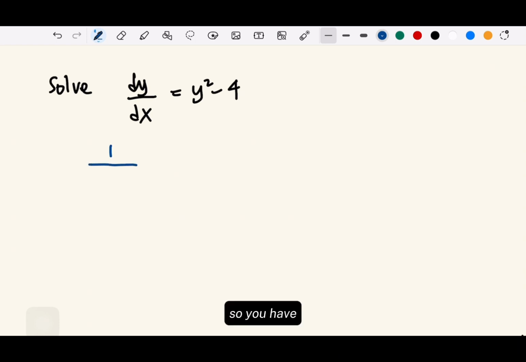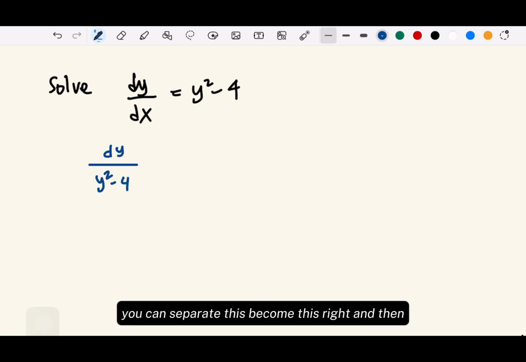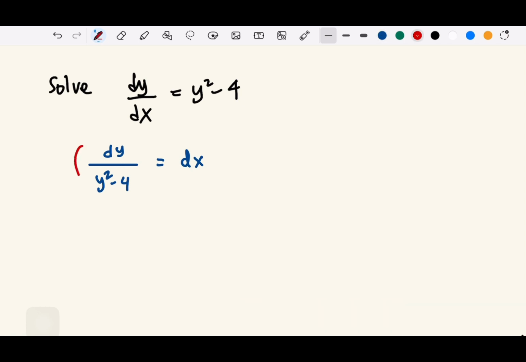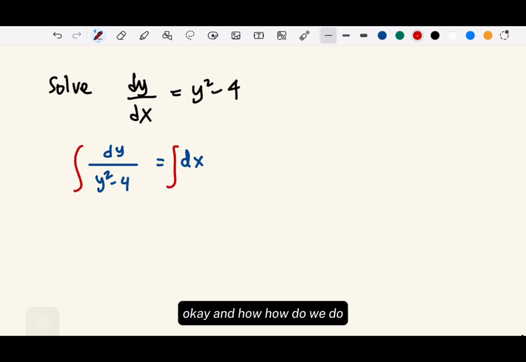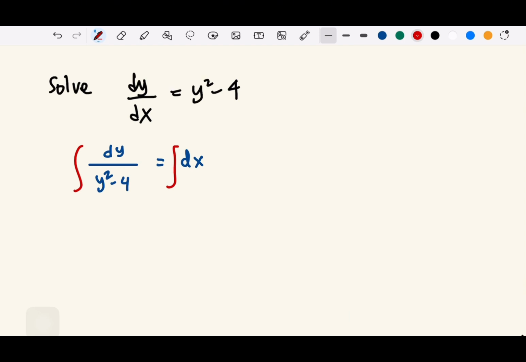So you can separate this, become this, right? And then integrate. Okay, and how to integrate this? Anyone still remember? Any idea how?